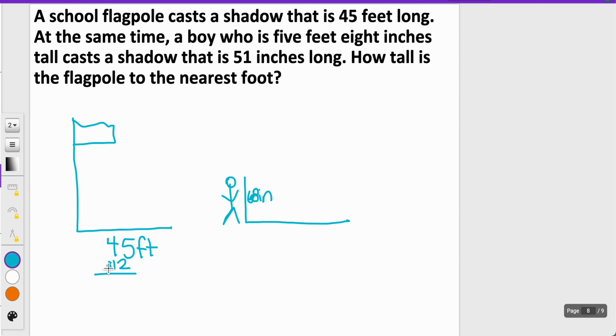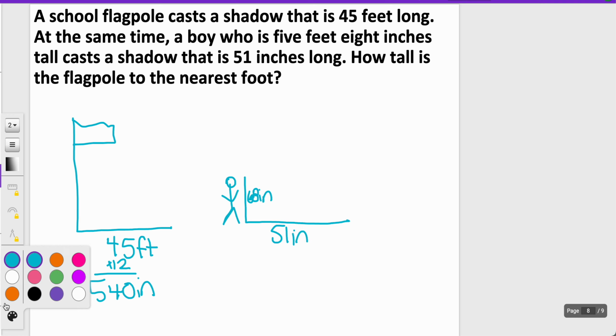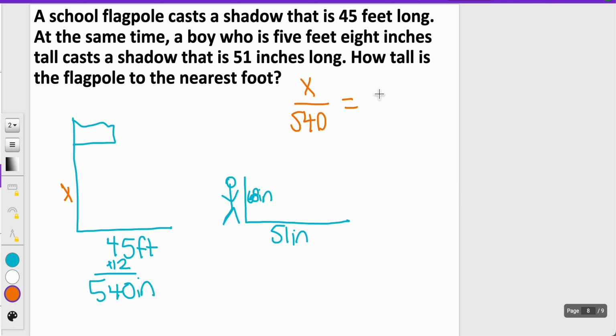So 45 times 12, 540 inches. And his shadow is 51 inches long. So we're just looking at how tall is the flagpole. Well, we can use this as a proportion. X over 540 inches represents my flagpole, and 68 inches over 51 inches represents the boy.